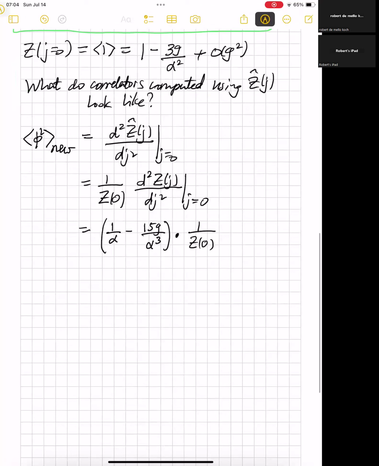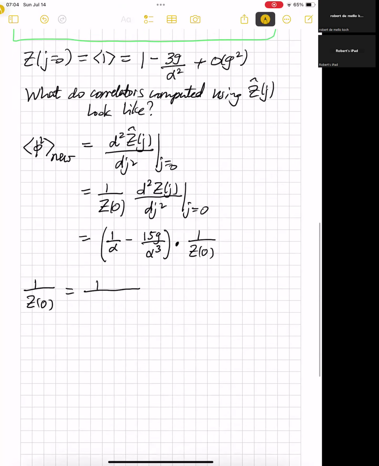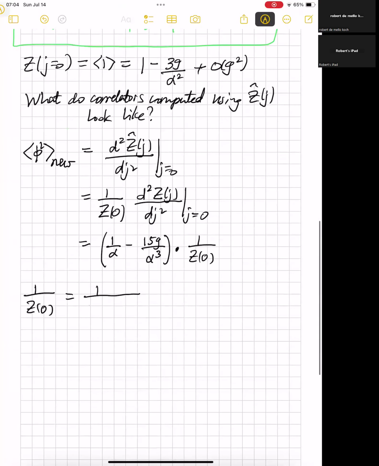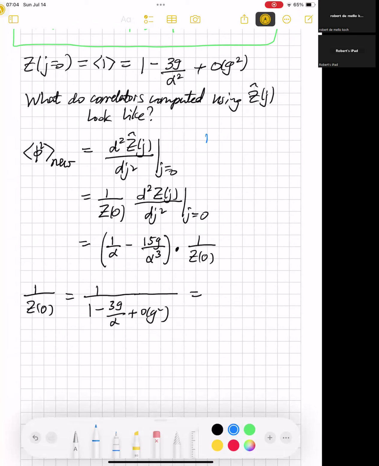So let's work out what 1 over z of 0 is. So 1 over z of 0 is equal to 1 over, and let's remind ourselves, here's z of 0, good. 1 minus 3g over alpha plus order g squared. Now, remember the formula. So this is the first geometric series that you learned, I'm pretty sure. And it just keeps going on. So I'm going to use that geometric series. This is 1 over 1 plus x, where x is 3g over alpha, and then plus order g squared.